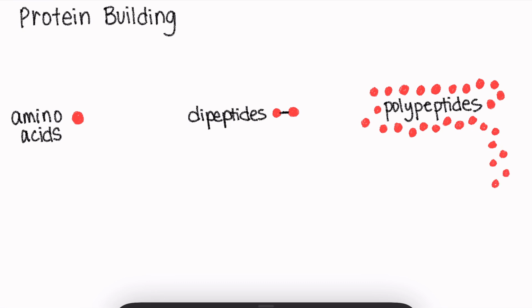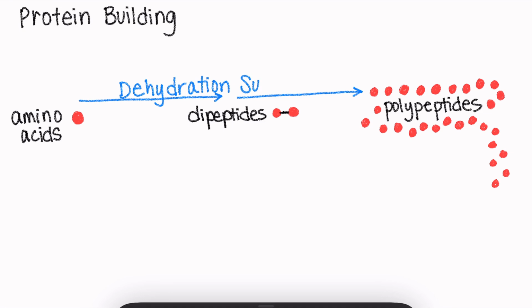When amino acids are linked together to form dipeptides and then polypeptides, it's again this process known as dehydration synthesis. And that means that water is lost each time a covalent bond is formed. So we're going to lose water.